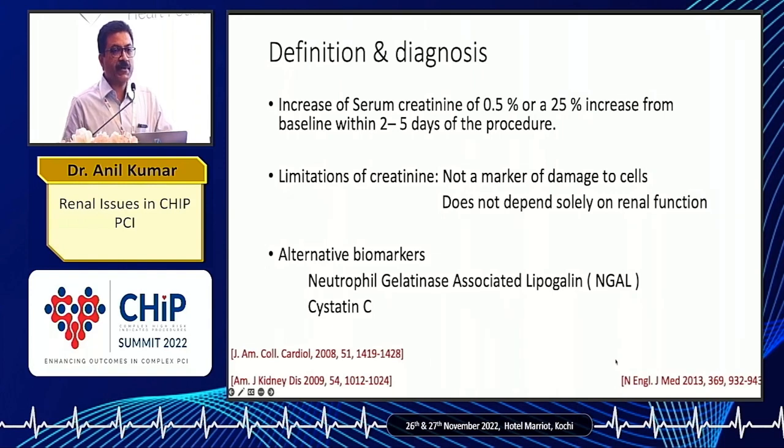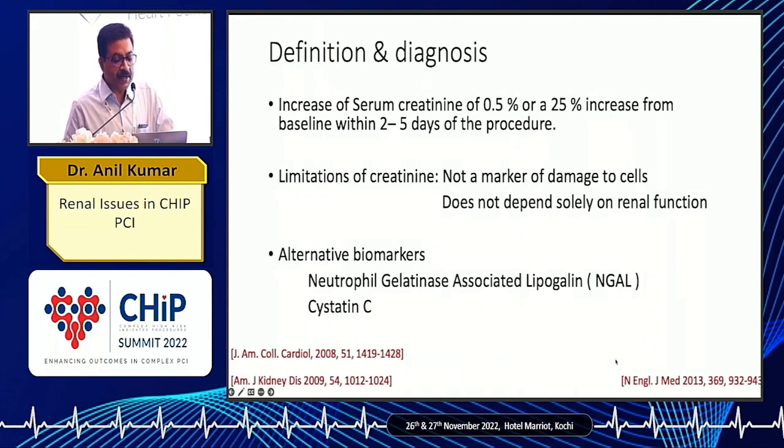The most common definition used in clinical trials is an increase of serum creatinine of 0.5 mg/dL or a 25% increase from the baseline within 2 to 5 days of the procedure. Creatinine is presently the primary tool to assess renal function, but it has many limitations.